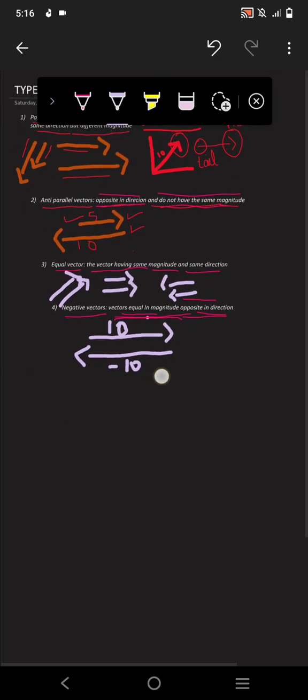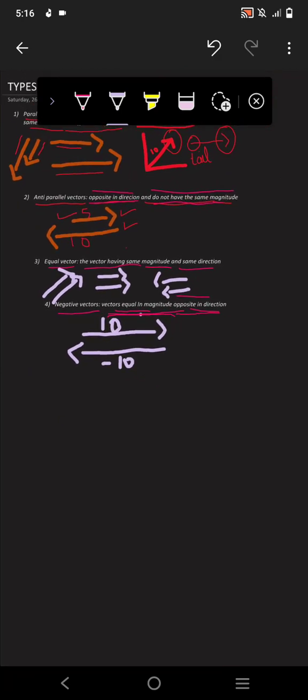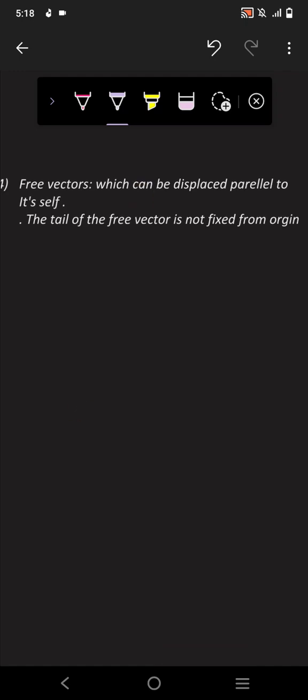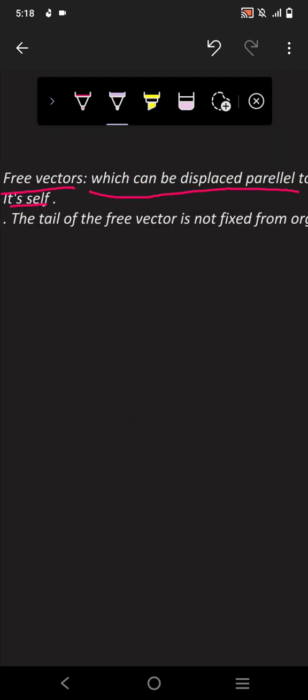Now we'll move toward another type, and that is free vectors. Okay guys, we have another interesting type of vector. I'm really sorry for the mispronunciation. Okay, we have the free vector, the vector which is displaced parallel to itself. Now you might find it a little difficult. Let me draw.